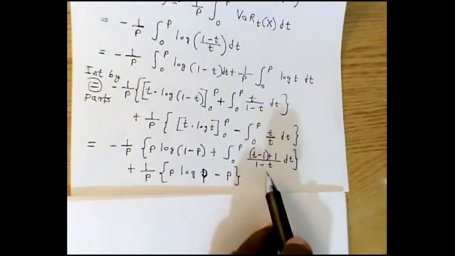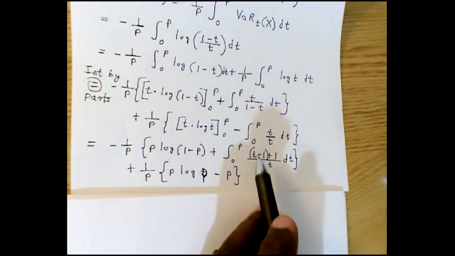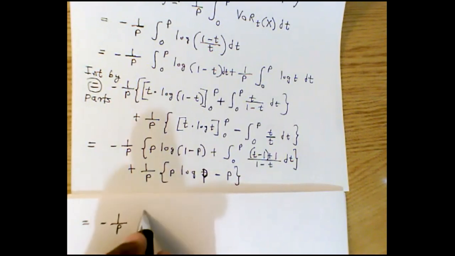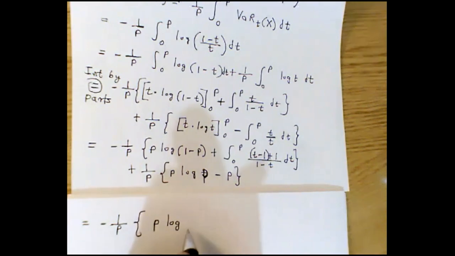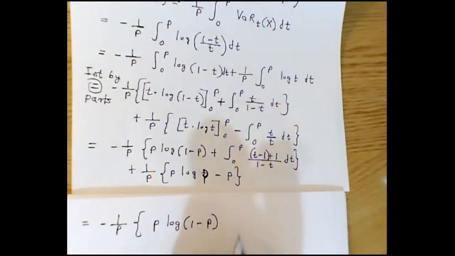Now this here, I put t minus 1 in brackets because if you divide by 1 minus t, you get minus 1, right? Okay, so you get 1 over p times p log of 1 minus p. Now here you have two terms, right? First is this term and second is just the one term.